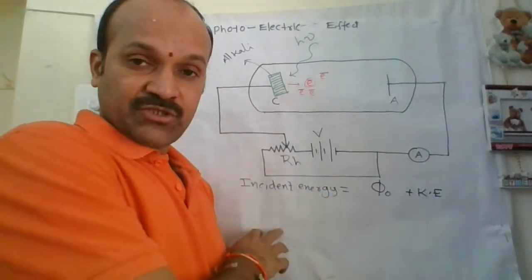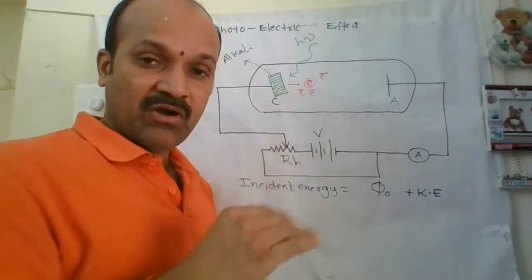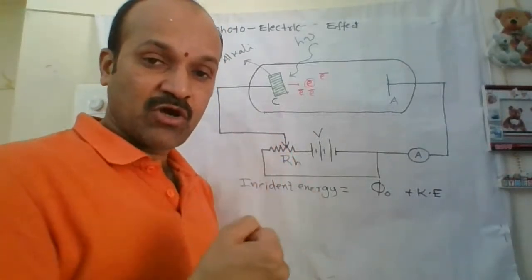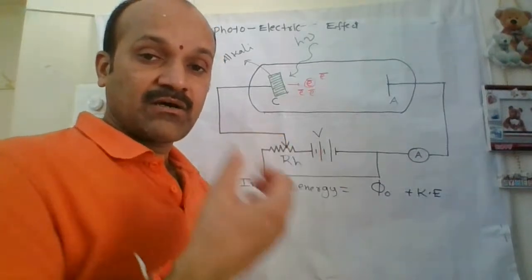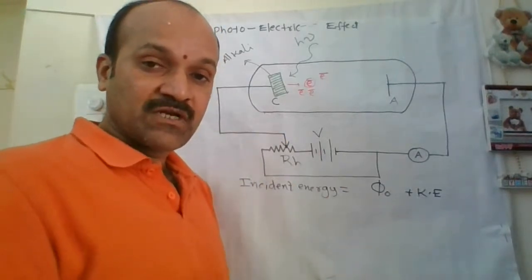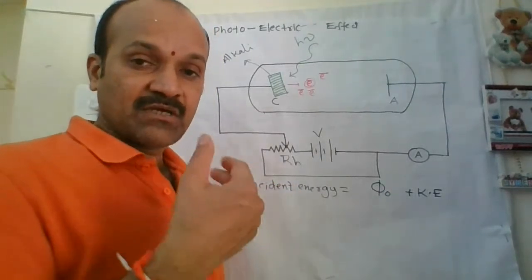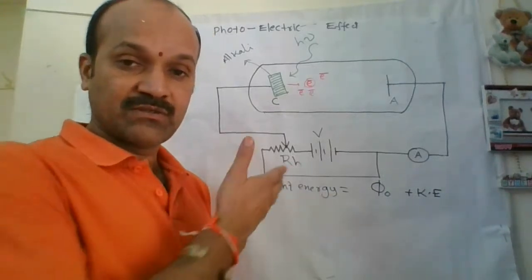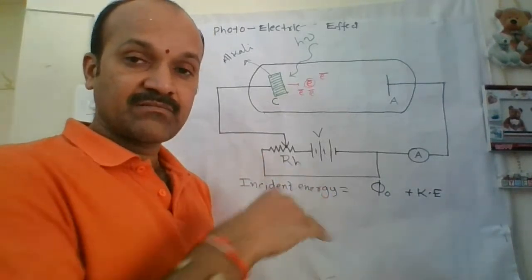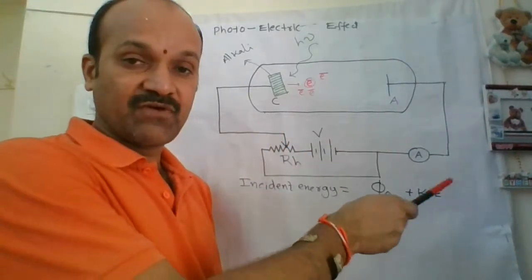The incident energy is converted into two energies. Part of the incident energy is absorbed by the electron, which consumes that energy to come out of the material. Once it comes out of the material, if it further has energy, then with that energy the electron moves with some kinetic energy, with some velocity.